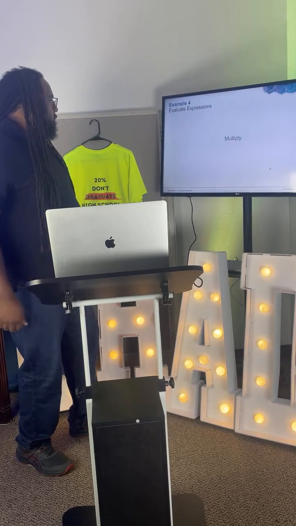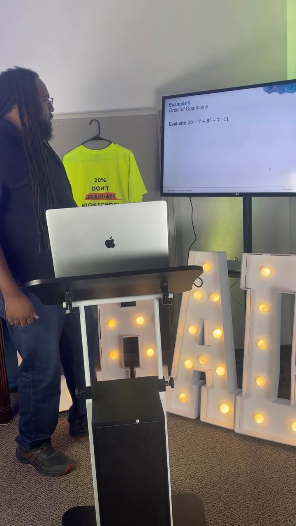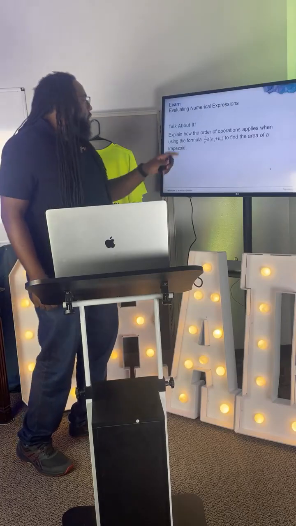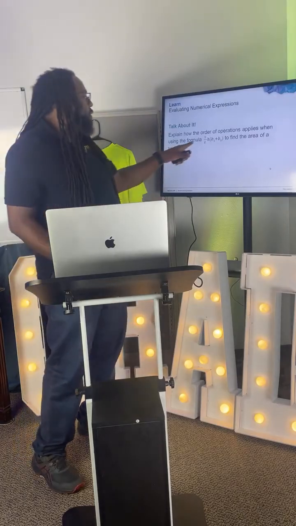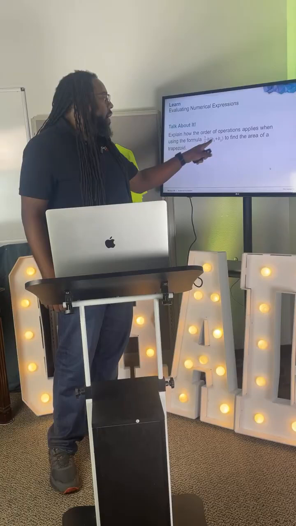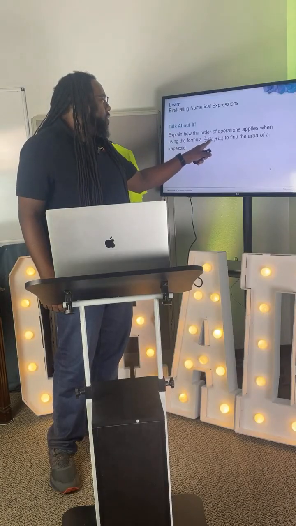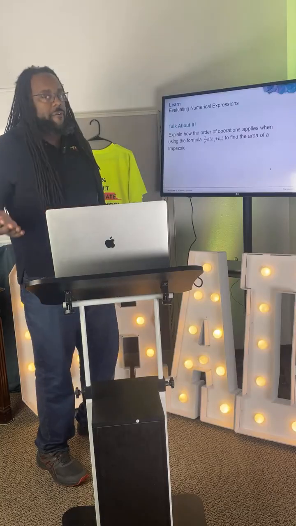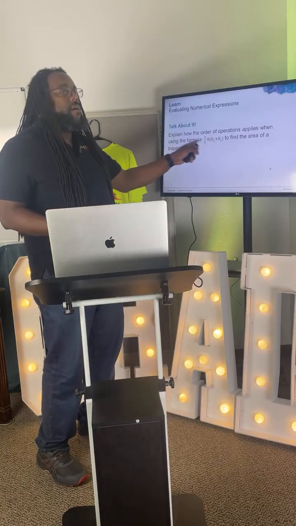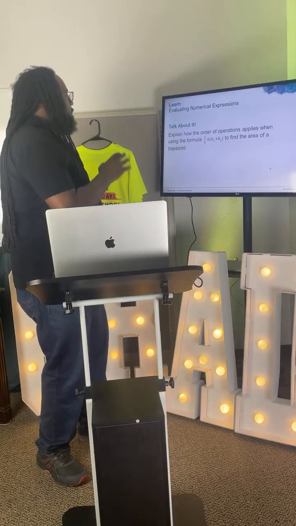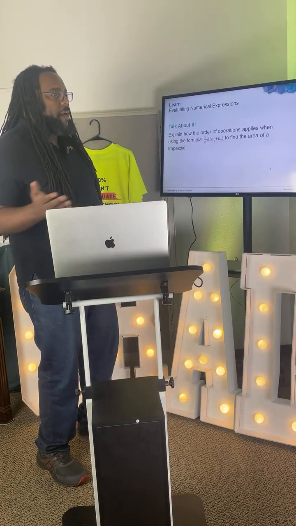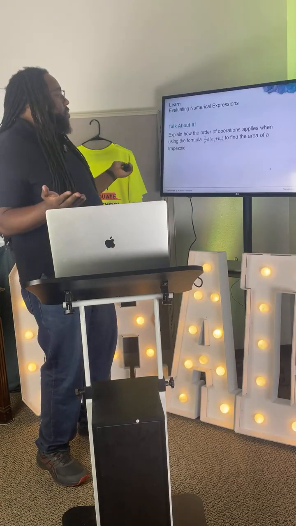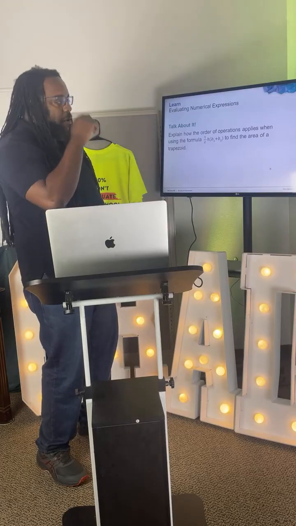We'll evaluate each expression. So first, we would do inside the parentheses. So the B1 and B2 will be added. Next, we will check for exponents. We look here, we don't have any. And then next, we will check for multiplication and division. Well, that's all we have left is multiplication and division.